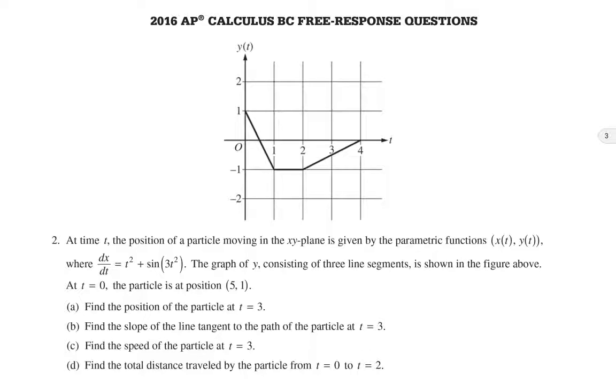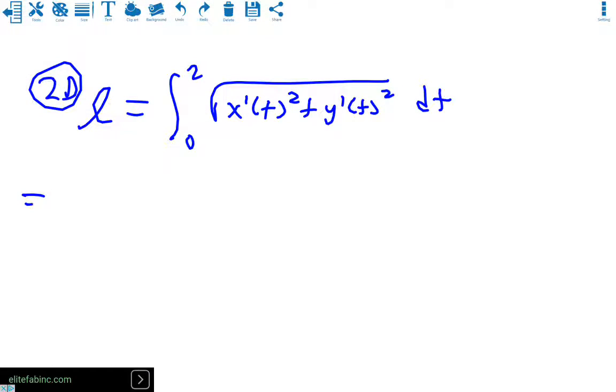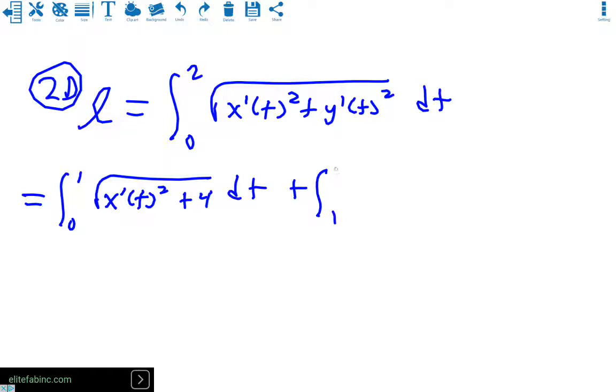So L is the integral from 0 to 1 of the square root of x prime of t squared plus negative 2 squared, which is 4, dt, plus the integral from 1 to 2 of the square root of x prime of t squared plus 0 squared, in other words, the absolute value of x prime of t.